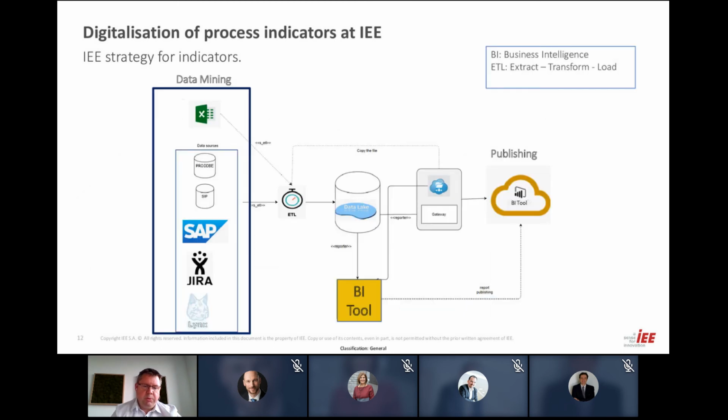So we started with our own system, collecting data from different sources, so we can do data mining and extract data from Excel sheets, from different databases, from SAP, from Jira, and from a tool called Links that is a project management system. All this goes into an ETL that does the extract, the transformation, and the load. And finally, the publishing is done on one common tool.